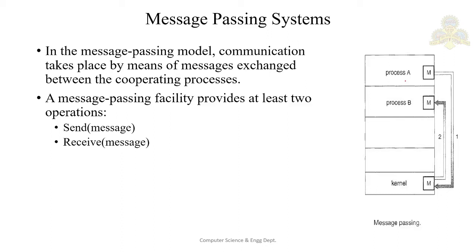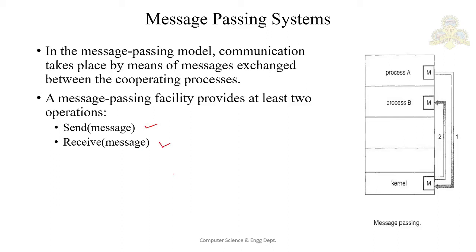It is particularly useful in a distributed environment, where the communicating processes reside on different computers connected via a network. Message passing systems provide two operations: one is send message, and the other is receive message.